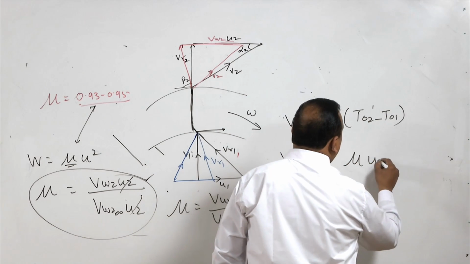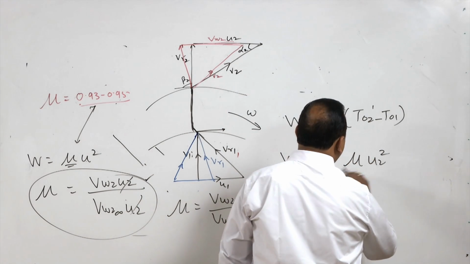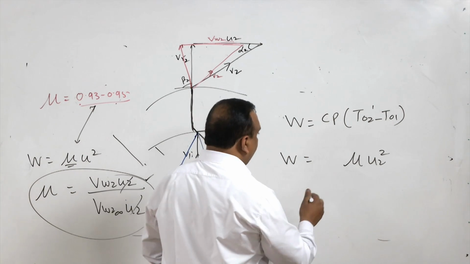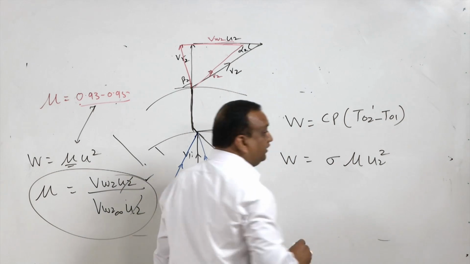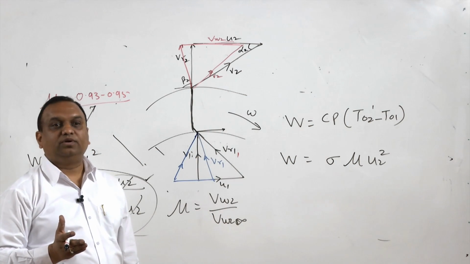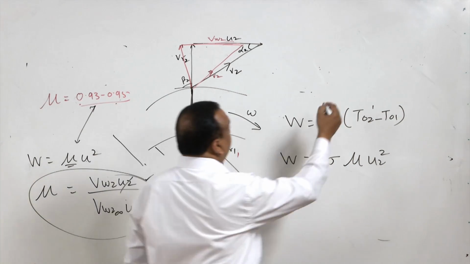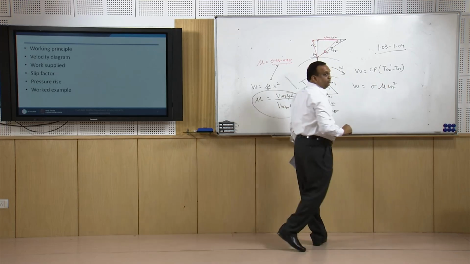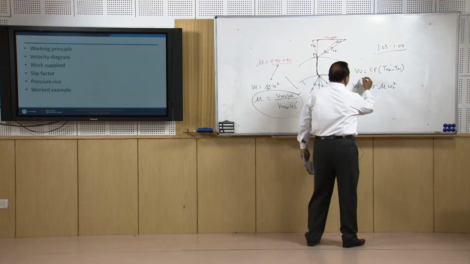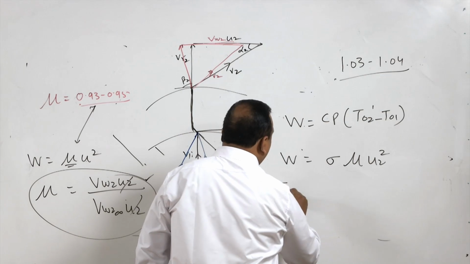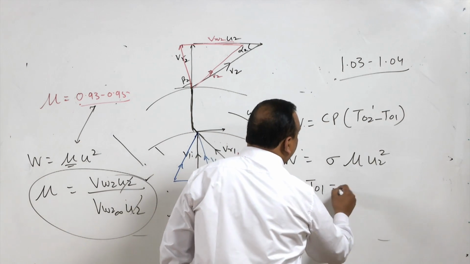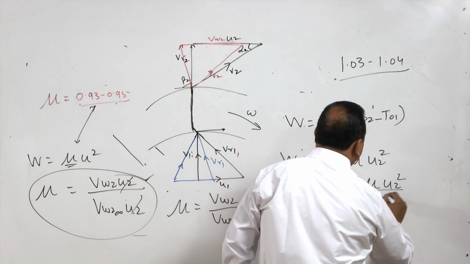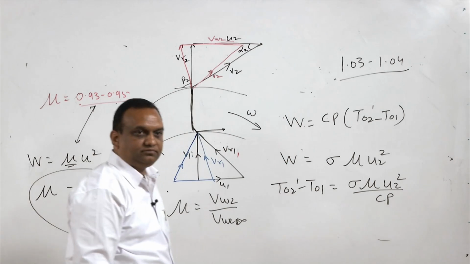sigma mu U square, right, and there is a factor sigma which is known as power input factor to take into account the losses, and power input factor varies from 1.03 to 1.04. So, sigma mu U square. So, both are equal. So, TO2 dash minus TO1 is equal to sigma mu U2 square by Cp, right.